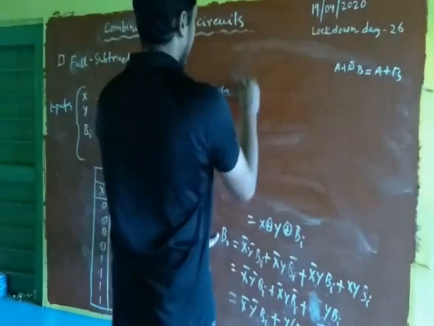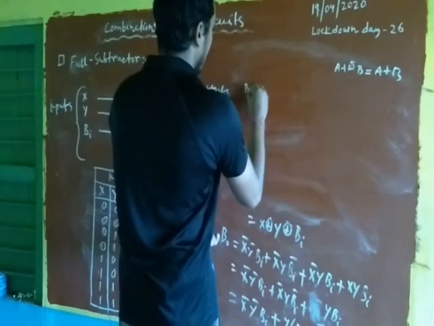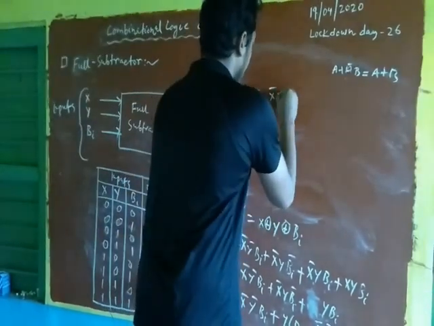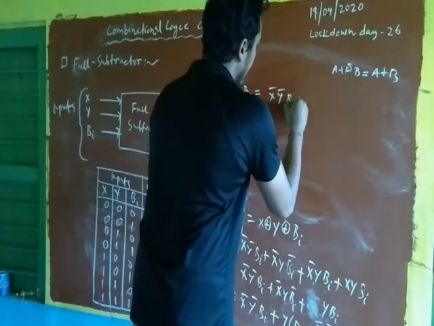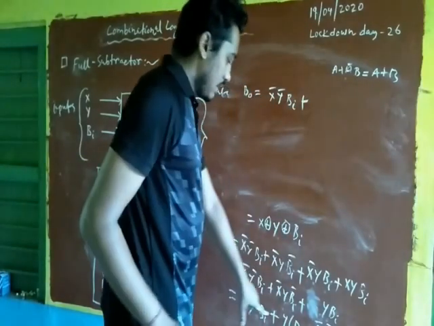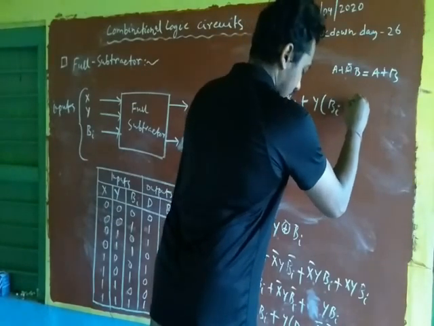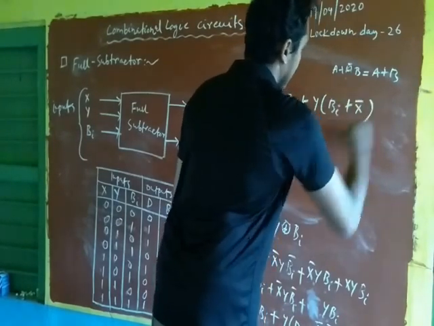Okay, so here I am writing that B out is equal to, first term it is x bar y bar bi plus, it is coming y into bi plus x bar.